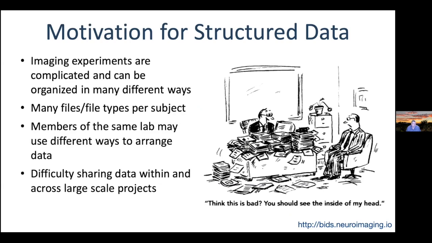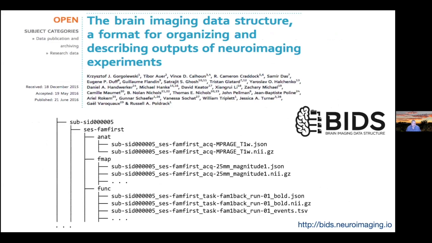There are many different files per subject. Members of the same lab may use different ways to arrange data. So creating this structured data format is very important, to have a way to consistently access, and as I'll be showing as well, query this data.